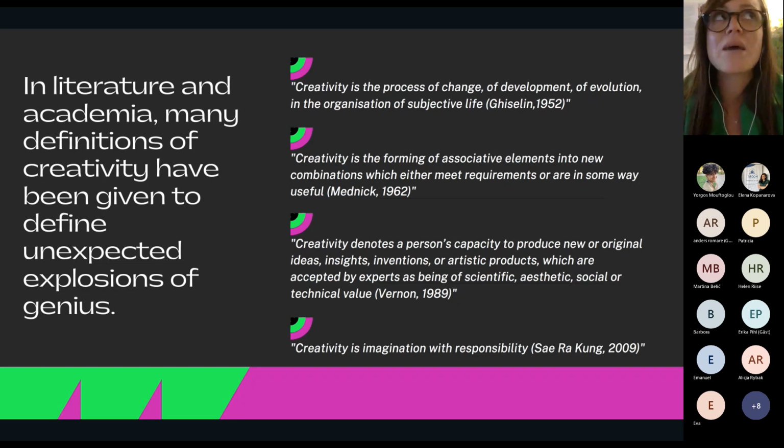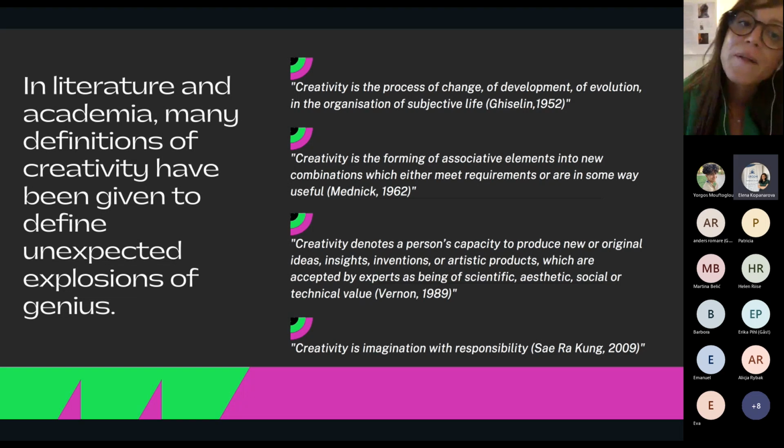Another period is the Industrial Revolution. Or we can take a look at our modern contemporary times, where we have an explosion of new technology and new interaction between, of course, humans and the new technology.